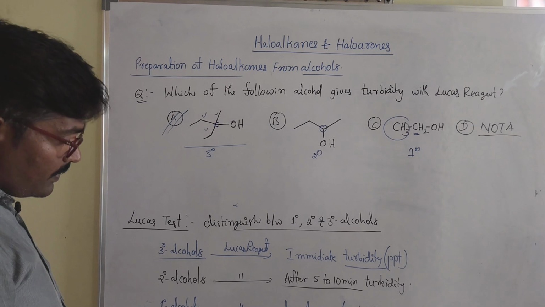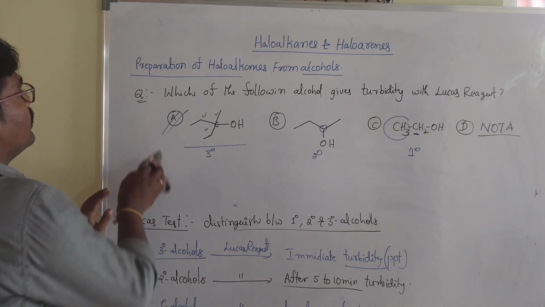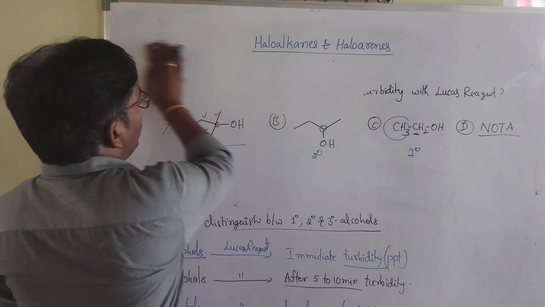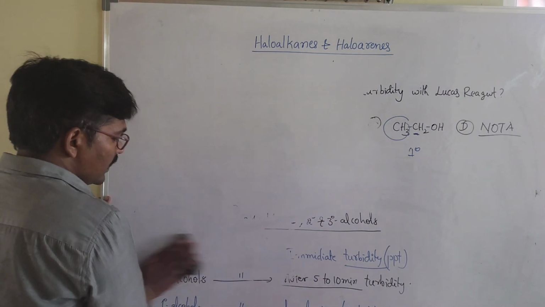Next, the second reagent is PCl5, reaction with PCl5. Here are the reagents for the conversion of alcohols into haloalkanes.